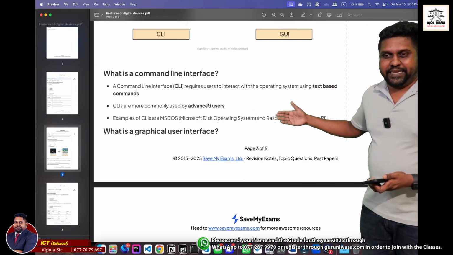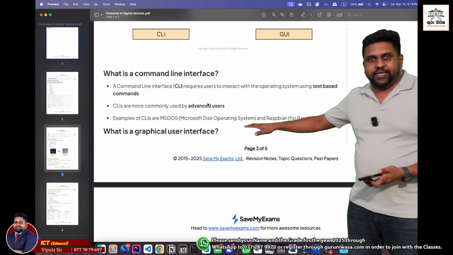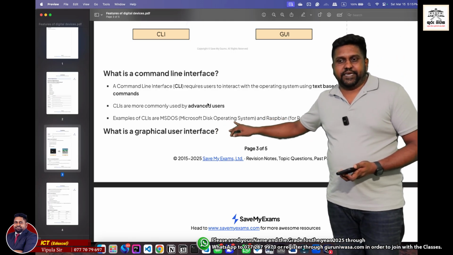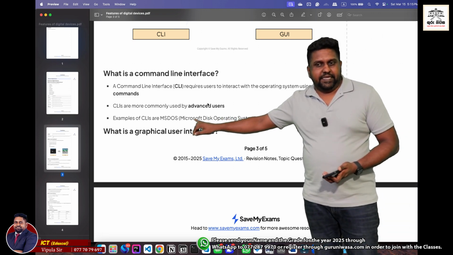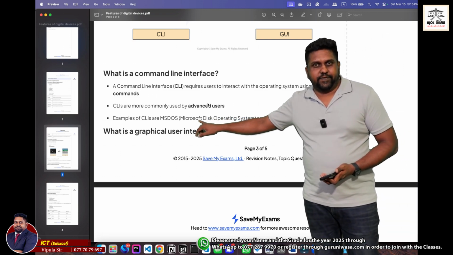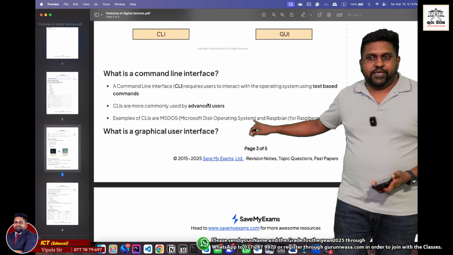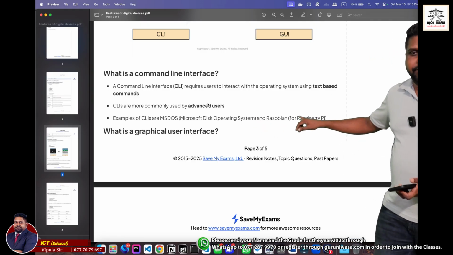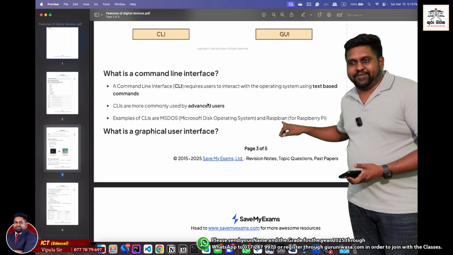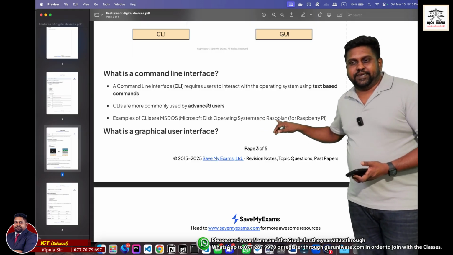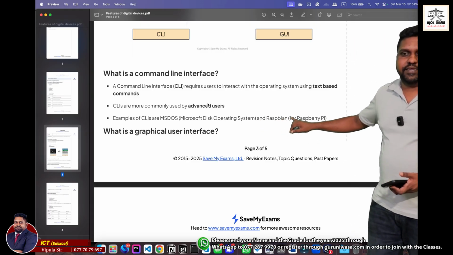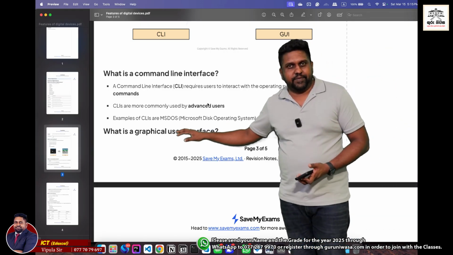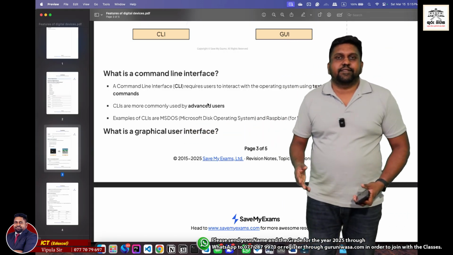And an example of a CLI, as I said, is on Microsoft: MS-DOS, Microsoft Disk Operating System. Microsoft uses MS-DOS and in Linux we use the shell.